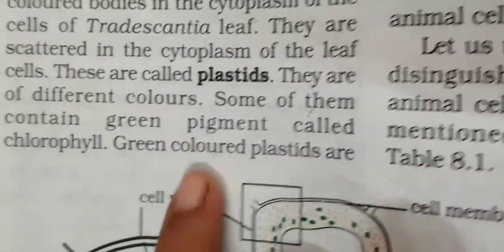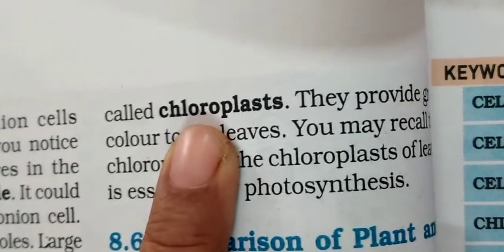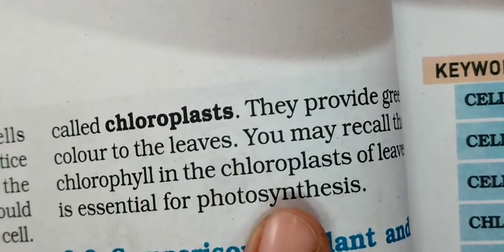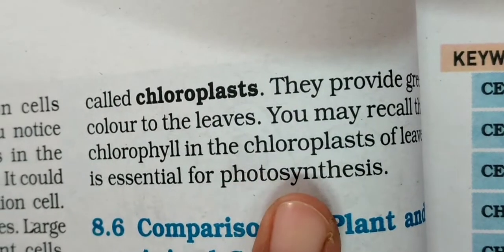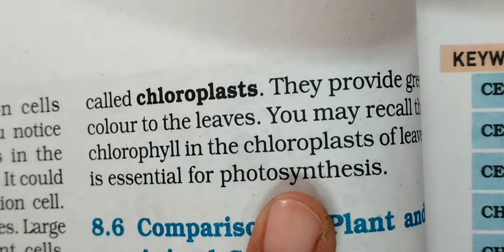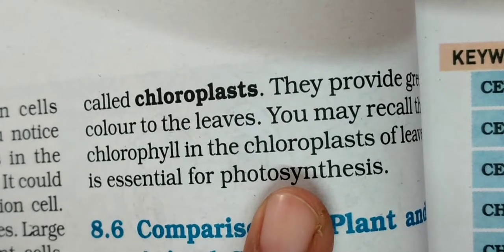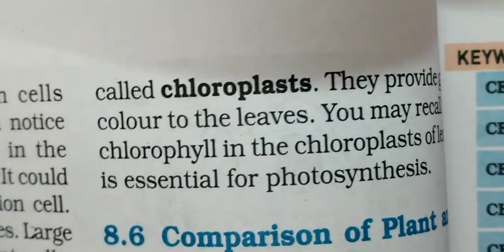Green colored plastids are called chloroplasts, they provide green color to leaves. Not only that, they are essential for the process called photosynthesis, where plants prepare food on their own. These are not found in animal cells.